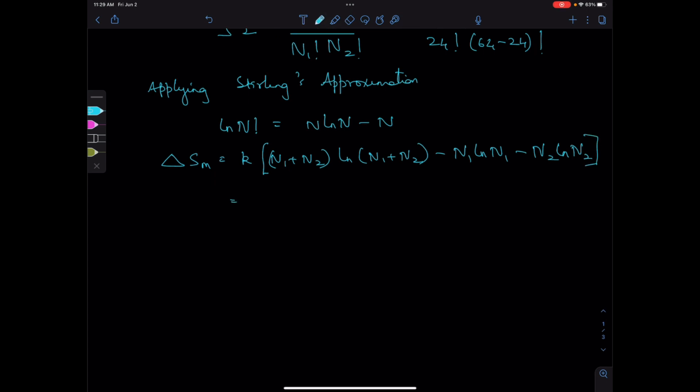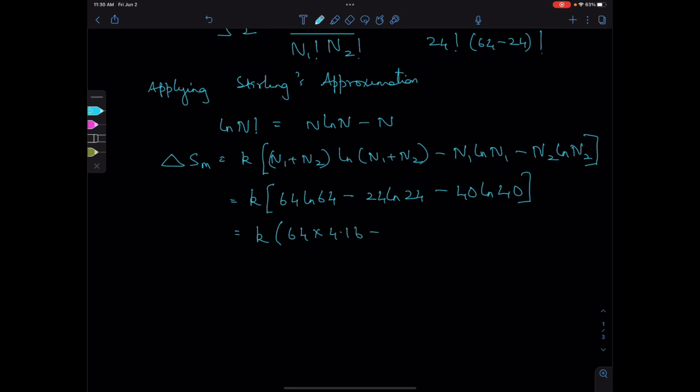So plugging in the values, that would be k times 64 ln 64 minus 24 ln 24 minus 40 ln 40, which is 64 times 4.16 minus 24 times 3.18 minus 40 times 3.69.